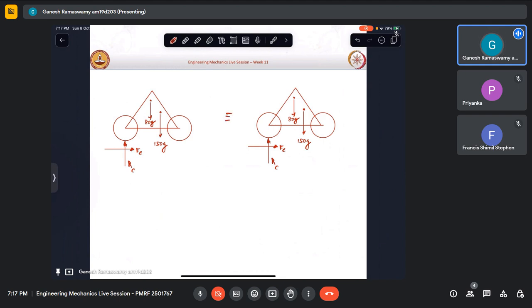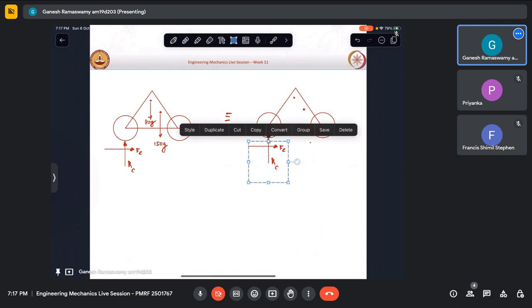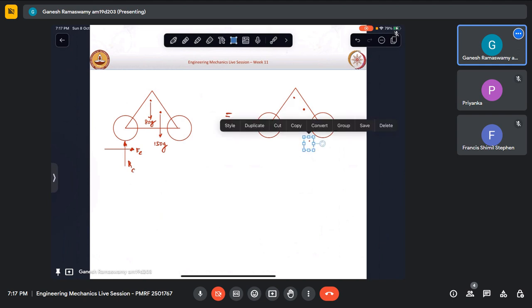In the kinetic diagram, these components will not come. Basically, this system is undergoing rectilinear translation.